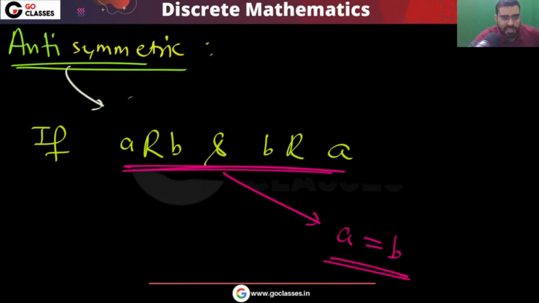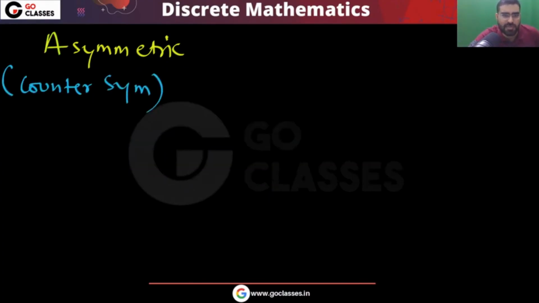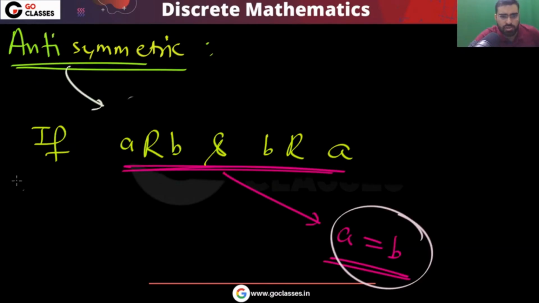If you have symmetry, it must be between the same element. Then A should be equal to B. This is the definition of antisymmetric.